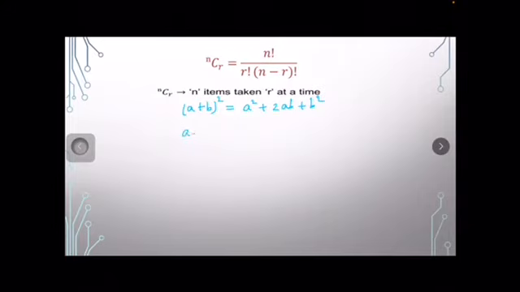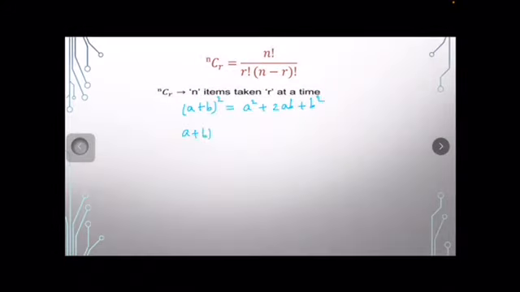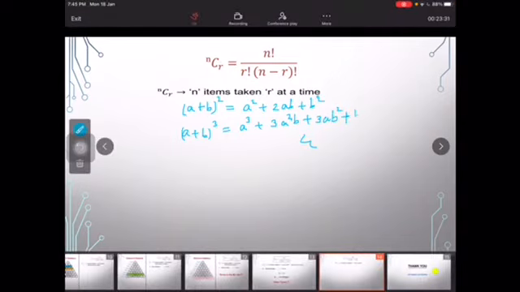And suppose we write a plus b whole cube. What is a plus b whole cube? This is a cube plus 3a square b plus 3ab square plus b cube, right?